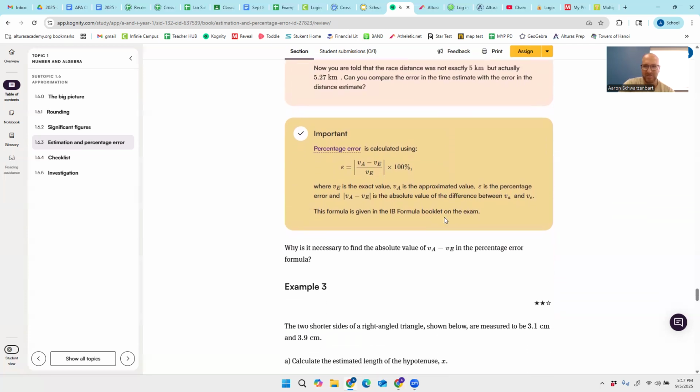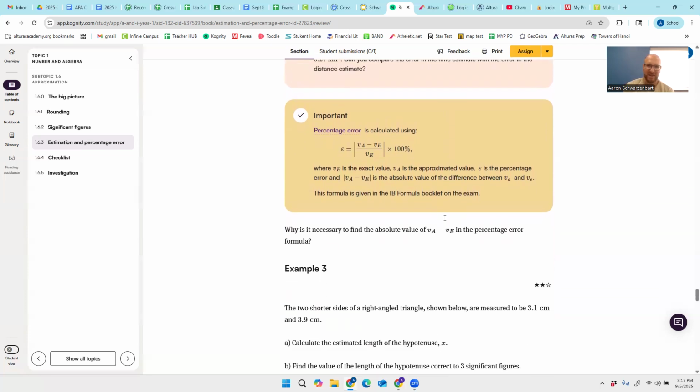Okay? Sometimes you'll see that as actual or experimental value goes in for A. Expected value, that's what is known.